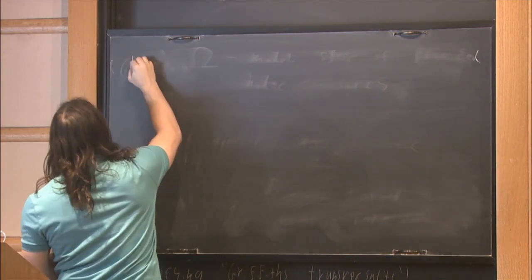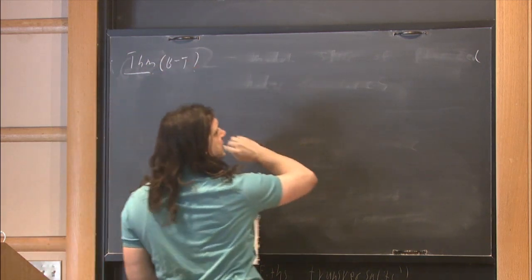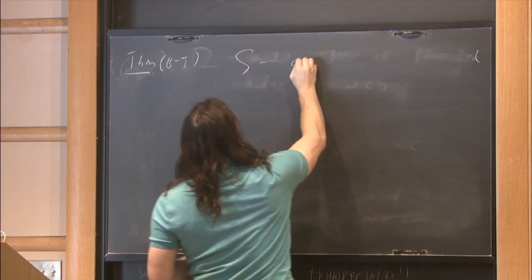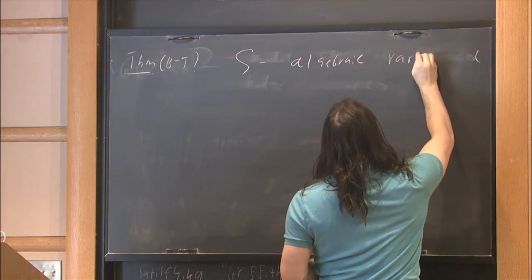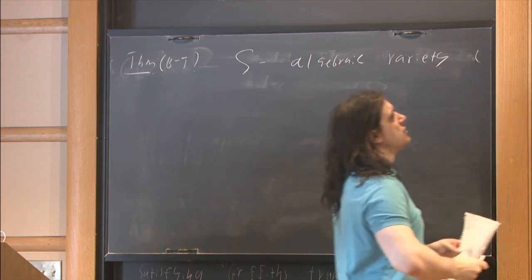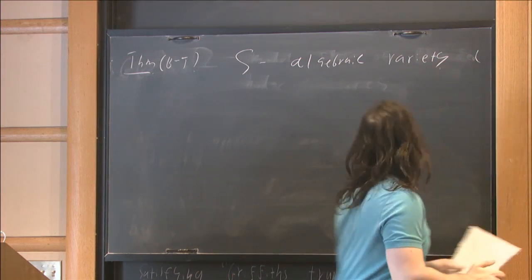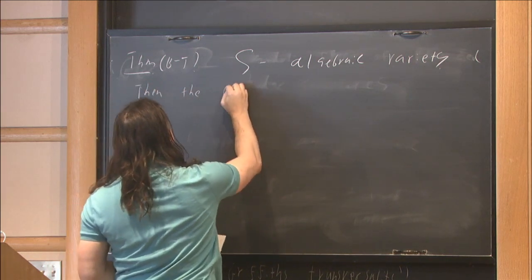OK, well, so then our theorem is that if S is an algebraic variety, actually, I guess we don't really need that, but whatever. If S is an algebraic variety, then the period map is definable.